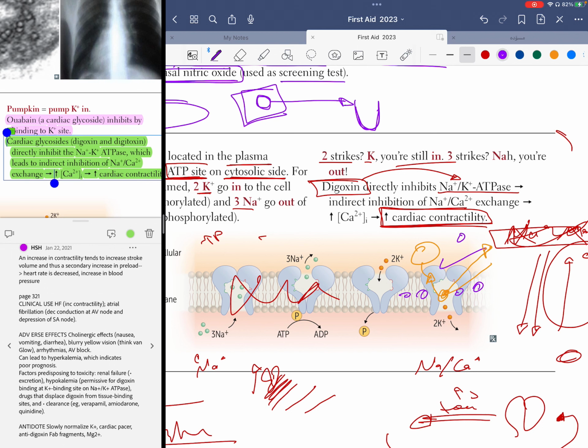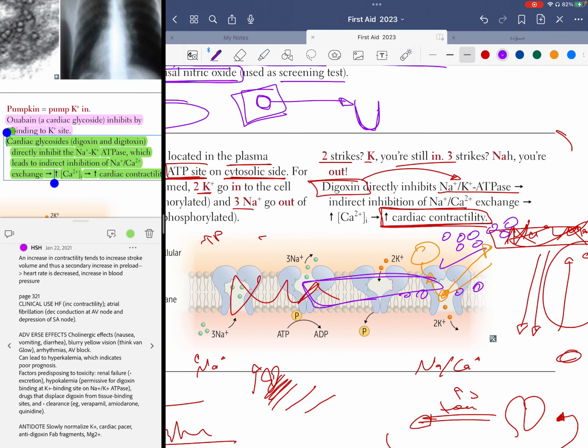Now we have molecules of digoxin roaming around the body, going to other places that we don't want them to go to. That increases the risk of digoxin toxicity.